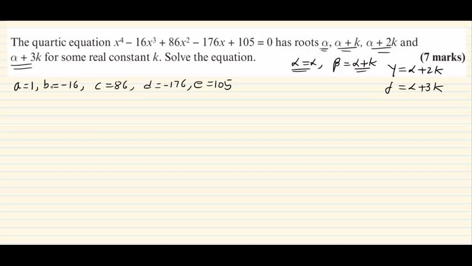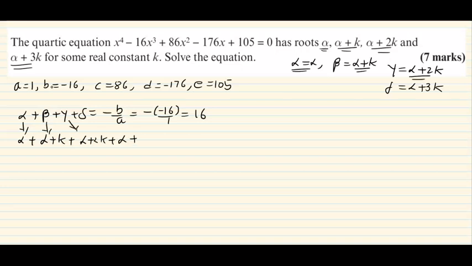Now the first thing, alpha plus beta plus gamma plus delta is minus b over a, so it should be minus minus 16 over 1, that is 16, right? But what is the value of alpha here? Alpha is alpha. What is the value of beta? Beta is alpha plus k. Gamma is alpha plus 2k.